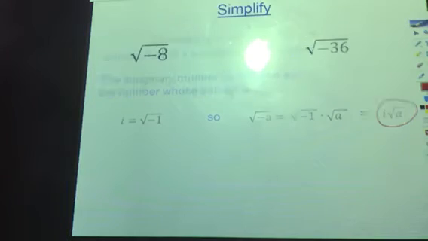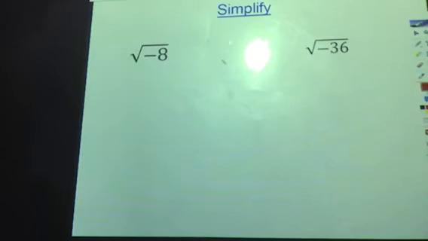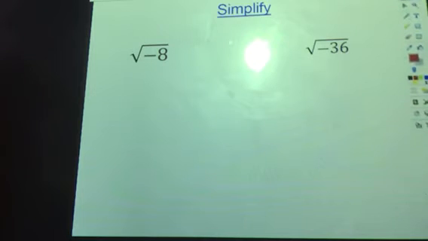Okay? So let's simplify, and I'm apologizing for the glare, but let's go ahead and simplify the square root of negative 8. We can rewrite that by taking out the negative, so this is negative 1 times the square root of 8. Okay, when we multiply those, we get what we started out with.